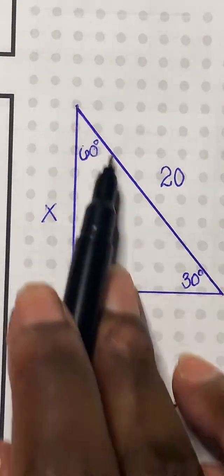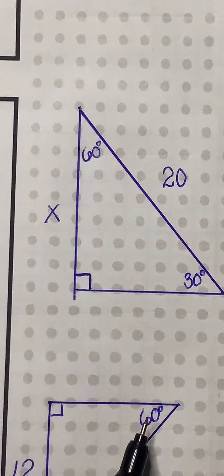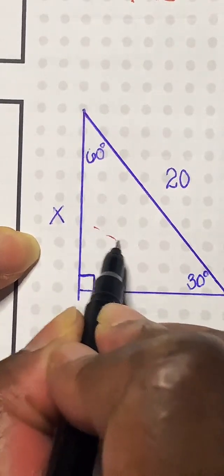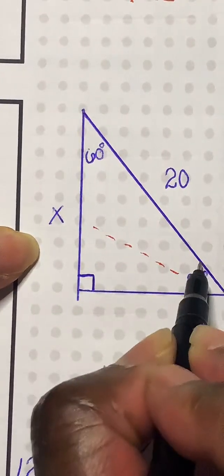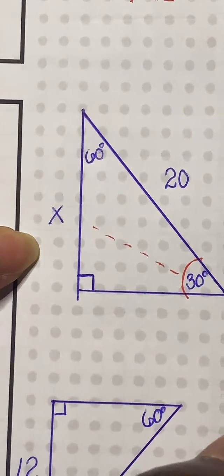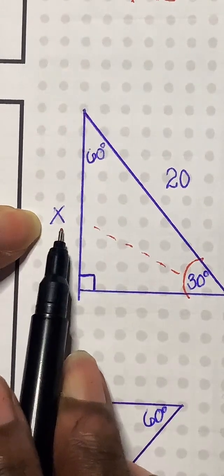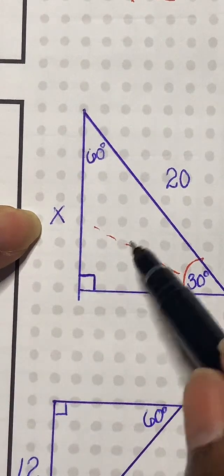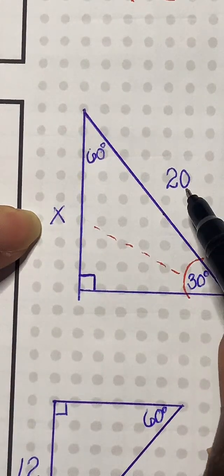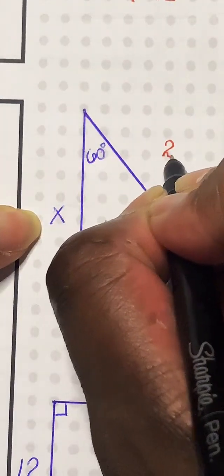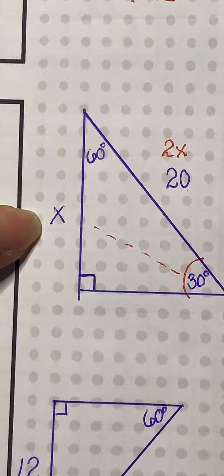Okay, this is a 30, 60, 90 degree angle. So, since x is the side directly across from 30 degrees, that means this is going to be my smallest side. So we know the hypotenuse, which is 20. 20, as we keep saying, is 2 times the smallest side.